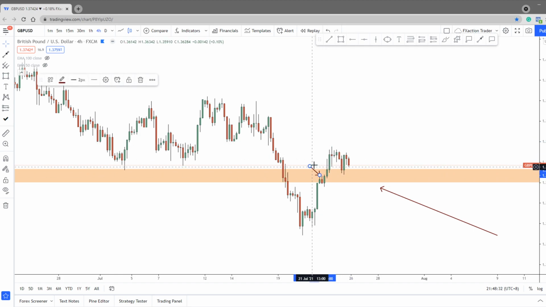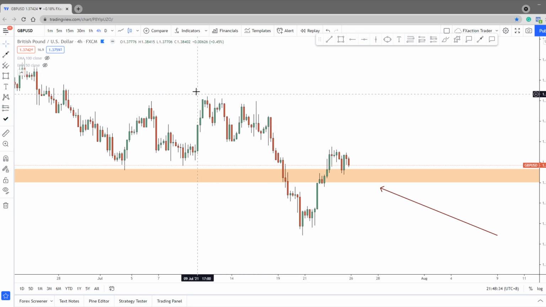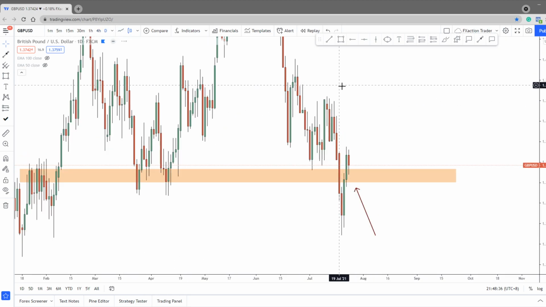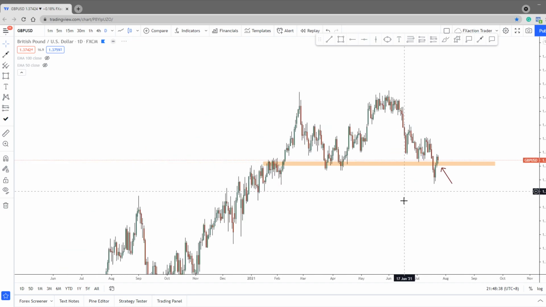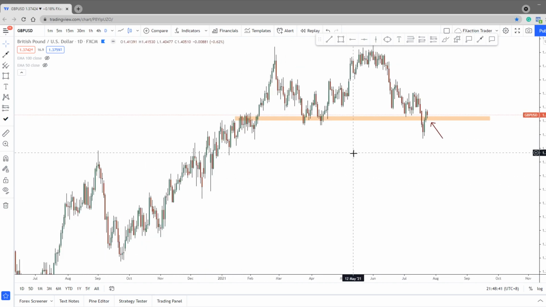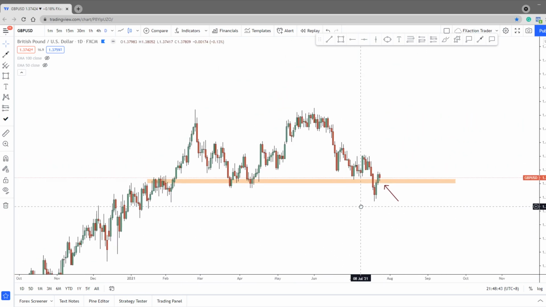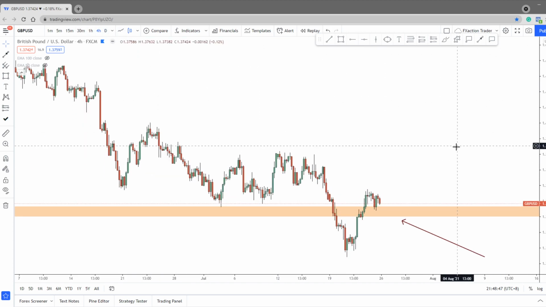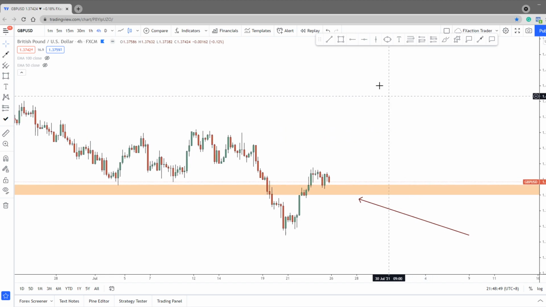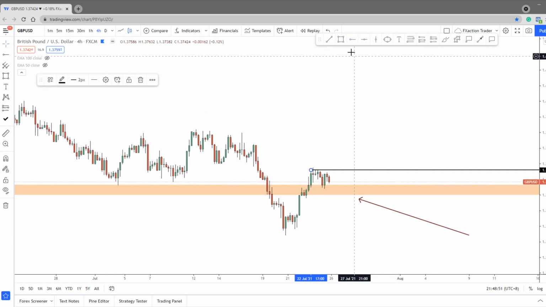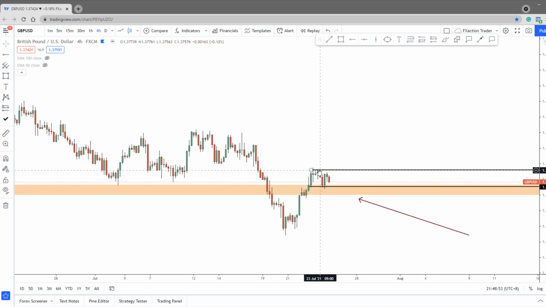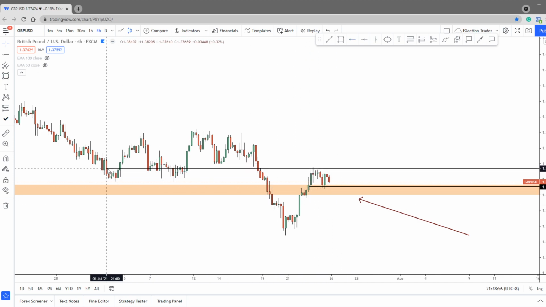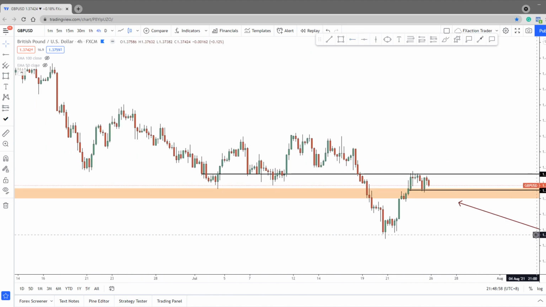So there is a very high chance that the market could turn back into a bullish trend, which is aligned with the preceding trend, and this could be a false breakout. In order for me to enter a buy trade, I would prefer the market to break out of this resistance level on H4. Maybe I should extend to here so we can have a better picture.